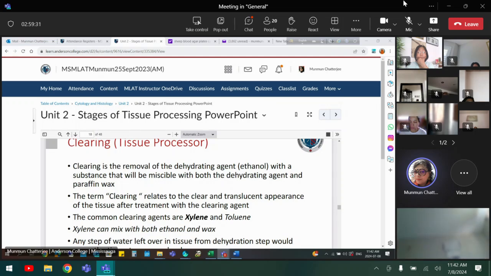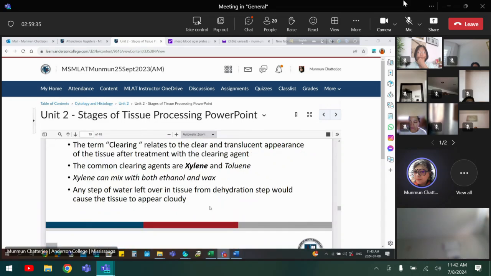Any trace of water left over in the tissue from the dehydration step would cause the tissue to appear cloudy. So if the dehydration process with the alcohol is not proper, whenever you put that cassette in the xylene, it will appear cloudy. That means you can understand that the tissue didn't dehydrate properly.